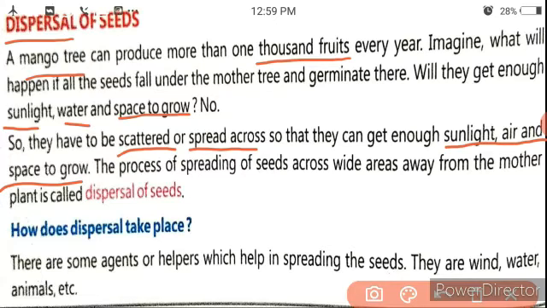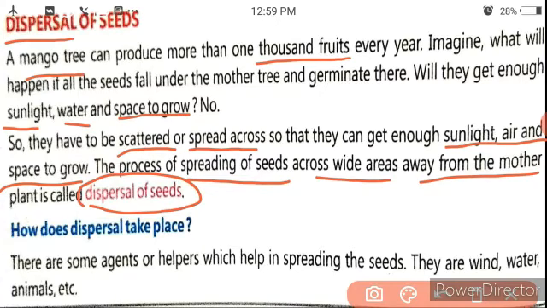This process is called dispersal of seeds. The process of spreading of seeds across wide areas away from the mother plant is called dispersal of seeds. Now we are going to see how dispersal takes place, which means how these seeds are spreading.